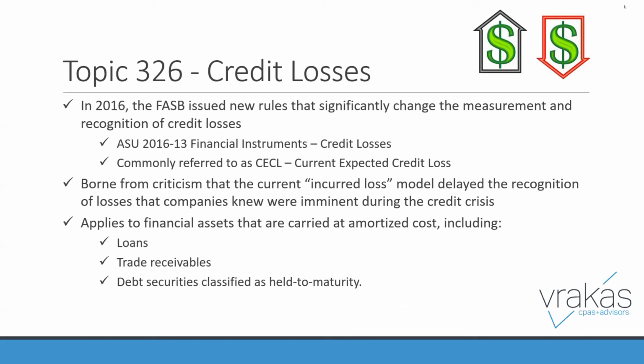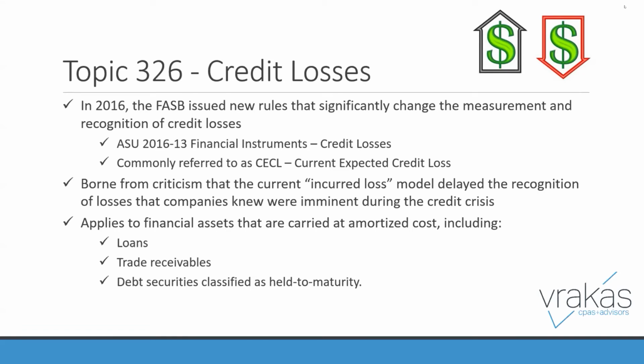And this standard really came out of criticism from the credit crisis that there were companies who knew that they had big losses coming prior to the credit crisis, but because the current model is what's called an incurred loss model, they couldn't recognize those losses early enough. So the FASB has been working on this standard since the credit crisis, so over 10 years now.